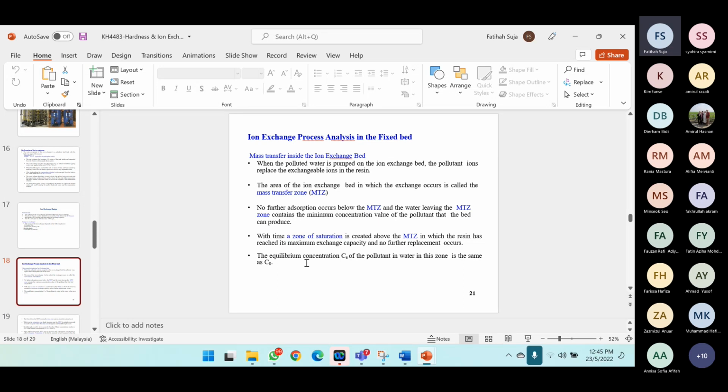The equilibrium concentration Ce of the pollutant in water in this zone is the same as Co. So you want to make sure that whatever you have treated, the Ce should be the same as Co.